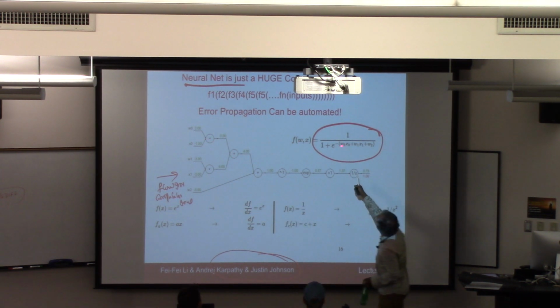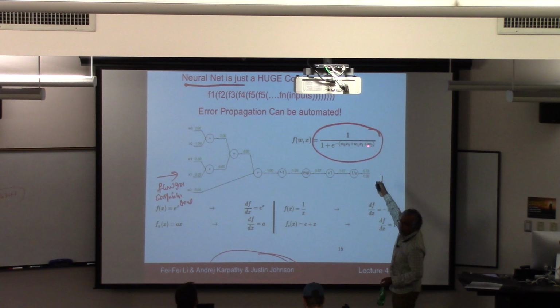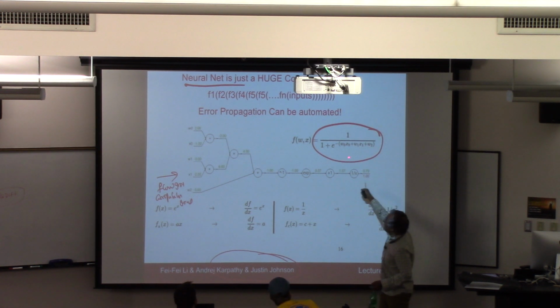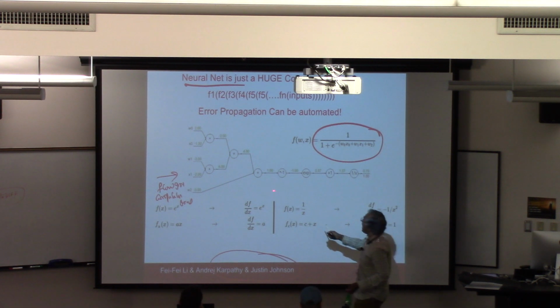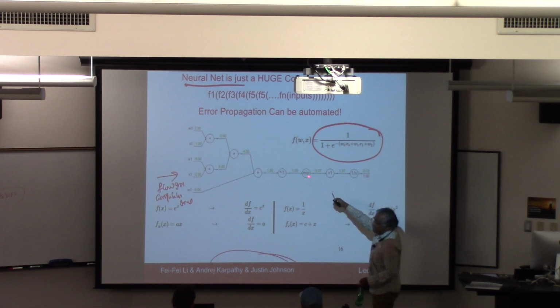So the inside of this is being computed by this part: W0x0 plus W1x1 plus W2. Okay? And then at that point, you're adding a 1 to that, and then you are multiplying this whole thing by -1.